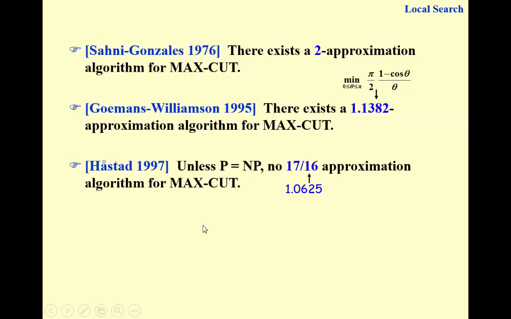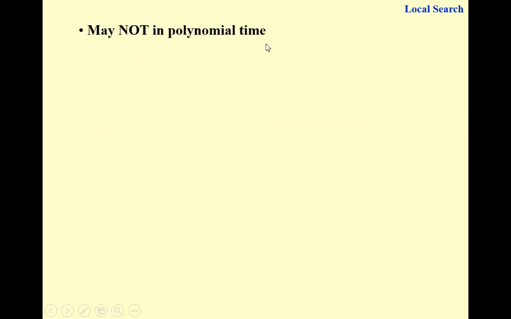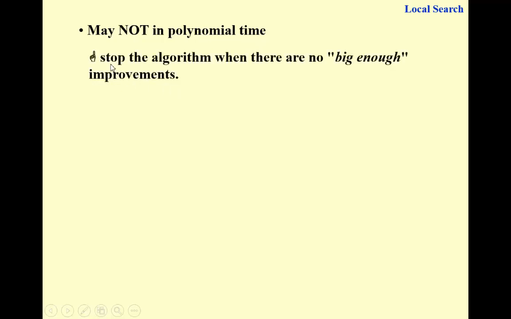Okay, now the next subject, on the polynomial time algorithm. According to the analysis we have done before, we know that the single flipping algorithm can stop in W steps, but that W is not polynomial. It's actually exponential, right? And one thought is to stop the algorithm when there are no big enough improvements.